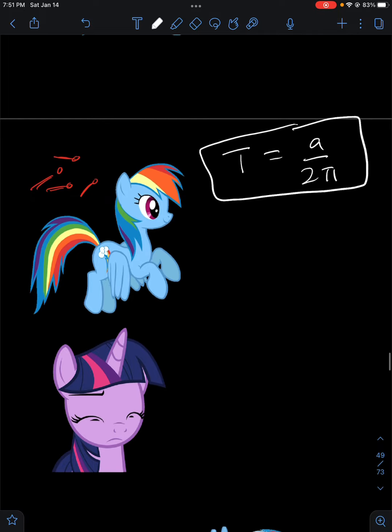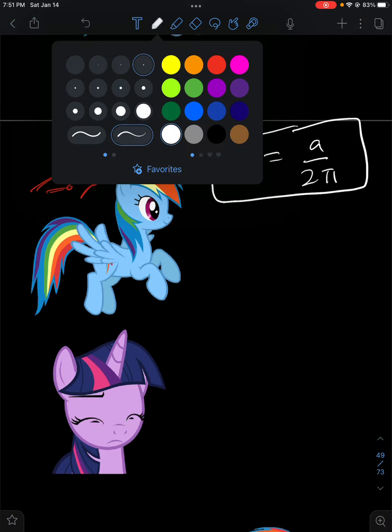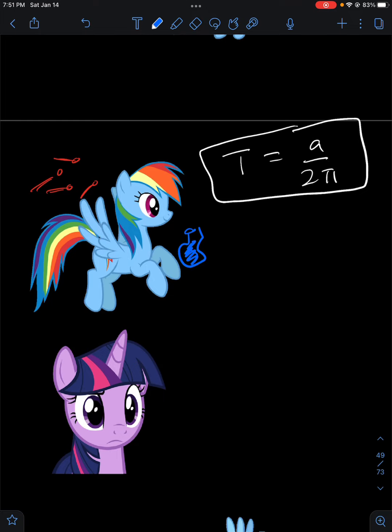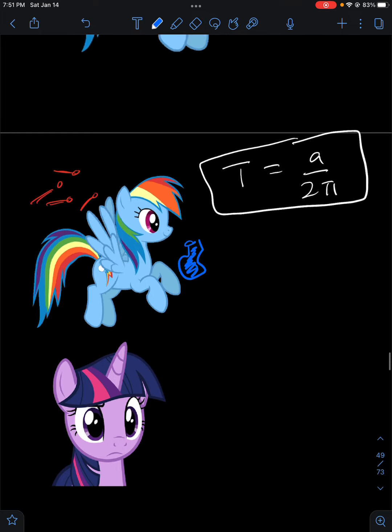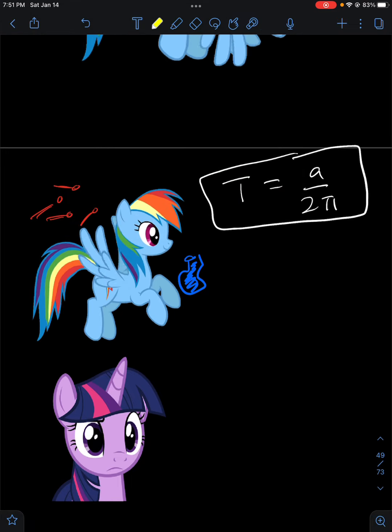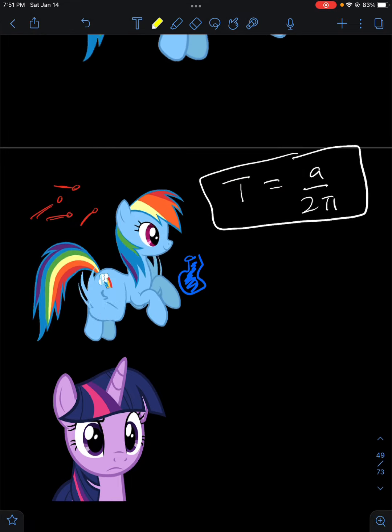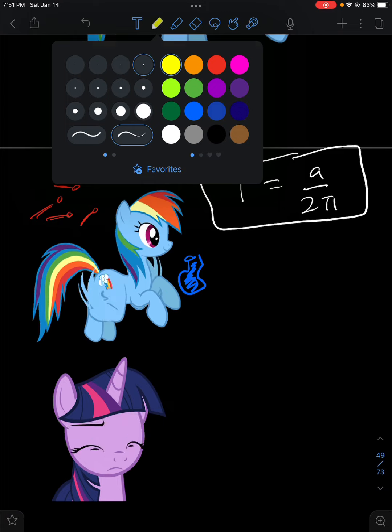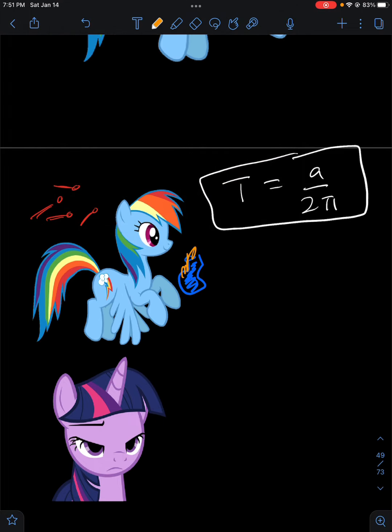And this looks like a problem, because what if Rainbow Dash is carrying some magical friendship magic potion, or maybe one of Flim and Flam's tonics? Well, then what if the particles that Rainbow Dash sees make the potion catch on fire, right? Because if the temperature is hot enough, it's going to catch on fire.